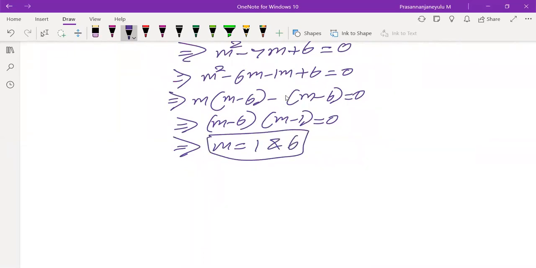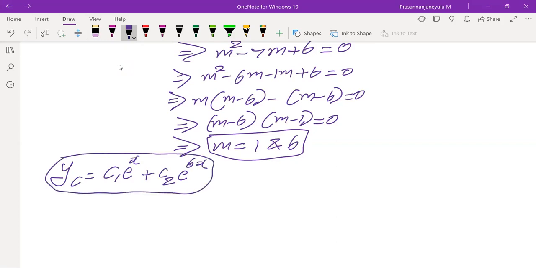So in that case, the complementary solution yc, or complementary integral, or yc, all are the same words, is c1 into e power m1x, where the m1 value is 1, so simply e power x, plus c2 into e power m2x, where the m2 value is 6, so e power 6x. Equation number 3.